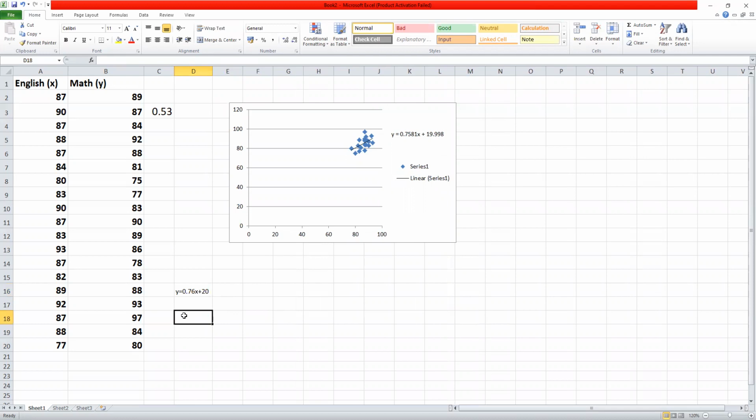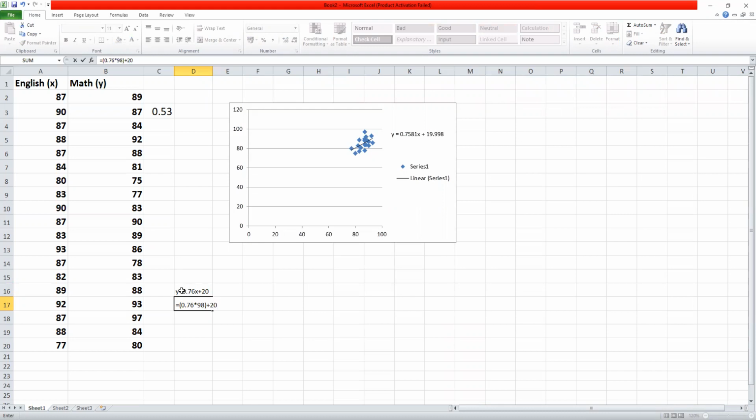Since we are trying to predict the grade in math using the grade in English, and we were asked to predict the math grade using an English grade of 98, this x variable here will be replaced by 98, so that we can get the value of y, or the value of the math grade. So y equals 0.76 times x, which here will be 98 because that's the grade for English that will be used to predict the value of y, our math, plus 20.